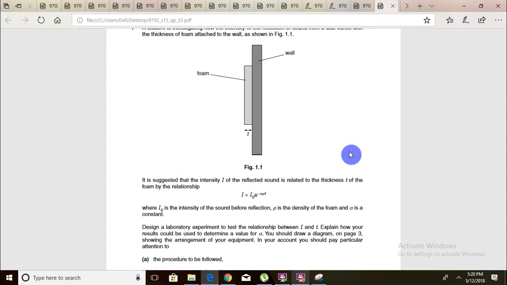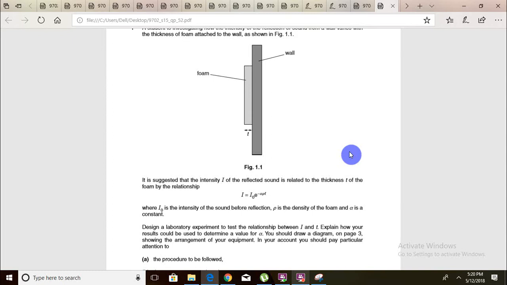We can use another circuit, which has a microphone to pick up the incoming sound and an oscilloscope, because the microphone is going to convert the sound to an electrical signal, and the electrical signal will be analogous to the sound signal that produces it, and then we can get the intensity from that. It's a really great idea to try to link up all that they've given with what you have.